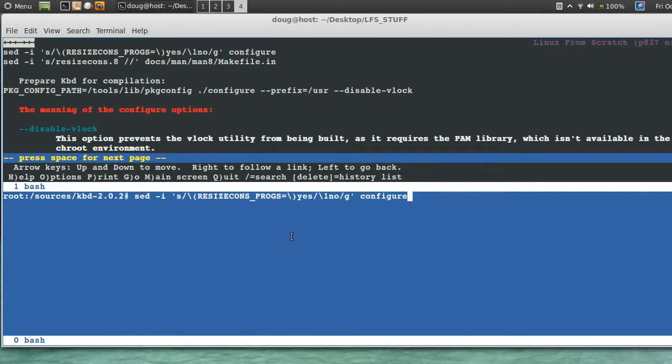Configure. I'm going to replace resizecons progs. And sed -i, please, resizecons.8 nothing. Docs man 8 Makefile.in.